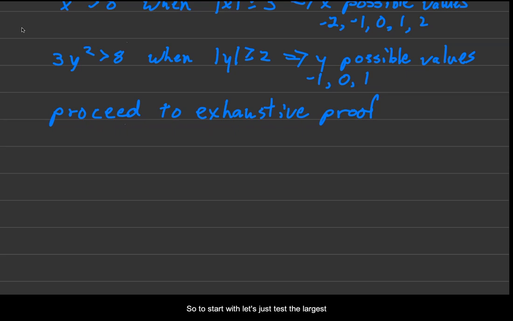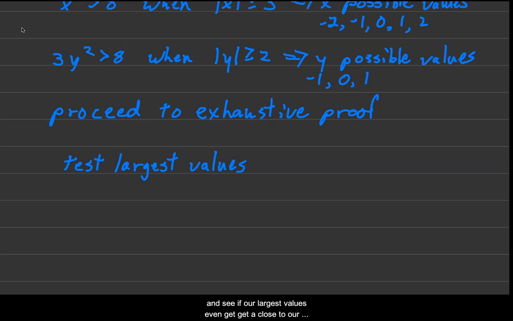To start with, let's just test the largest values and see if they even get us close to our target number, which is 8. We'll plug in 2 or -2, it doesn't matter either way because you're squaring it.